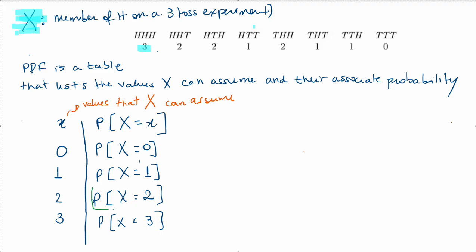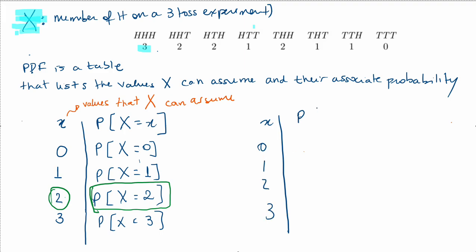Well, it's in this row, because in this row, little x assumes 2, and you read here the probability of x being equal to 2. Okay? So let's build up this probability here. I was just showing you the structure. Now let's do a real PDF with our example of the coin, the three toss experiment.